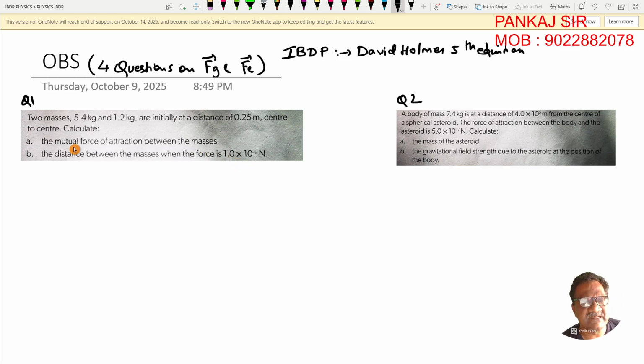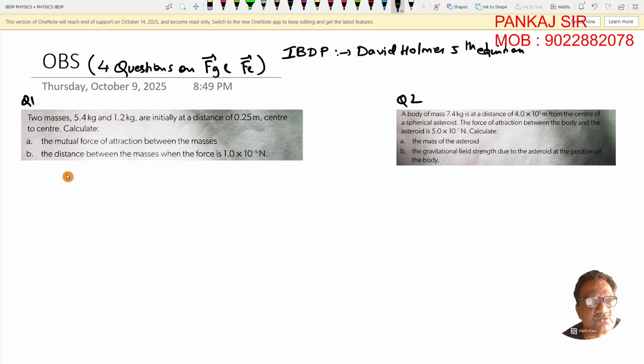In this question, they have given you the masses of the objects, so it is based on the gravitational field and related to gravitational forces.